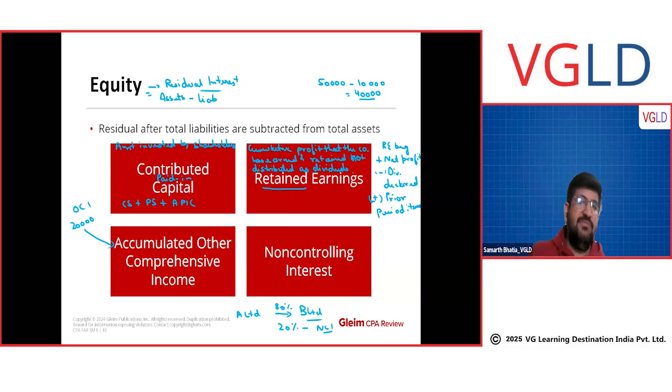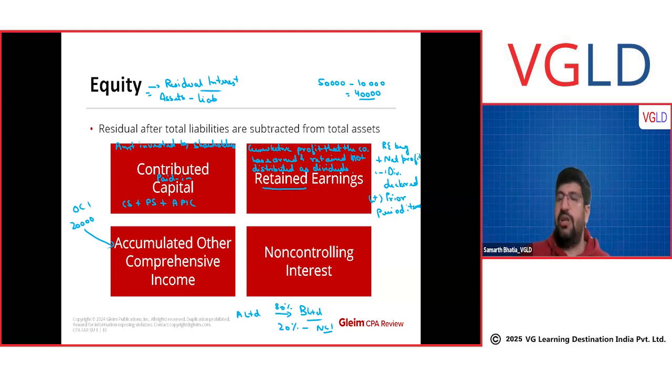But whatever items we are reflecting in the OCI, just like unrealized gain or loss on AFS, available for sale debt securities. Say we are going to keep the debt securities for 3 years. In the current year, we have a gain, so we are reflecting the gain in the OCI. In the next year, we have a loss, so that loss will reduce the previous year's gain.